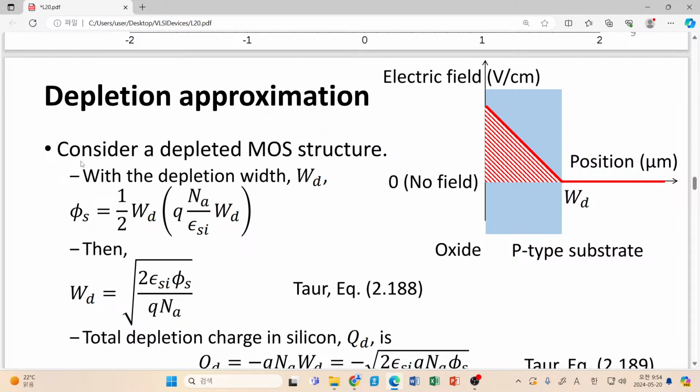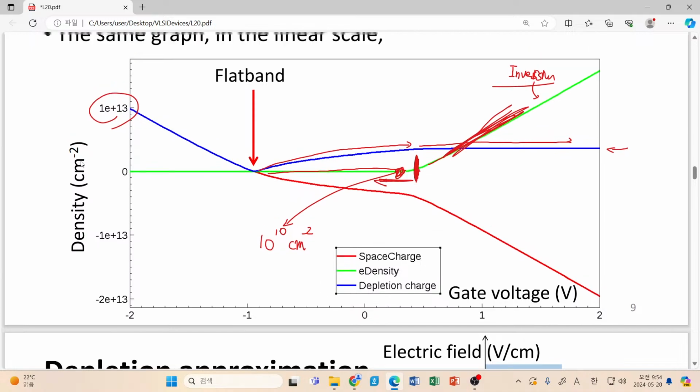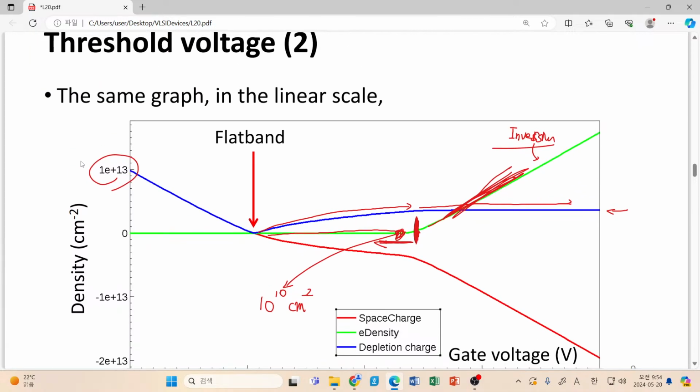Now think about this one. We will use the depletion approximation and neglect the electronic contribution. How can we neglect the electronic contribution? It means that we do not consider a case like this part. By using just the depletion approximation, we cannot consider this part.